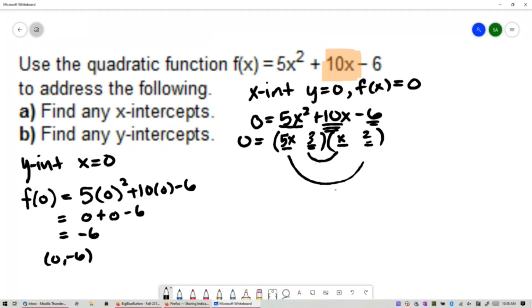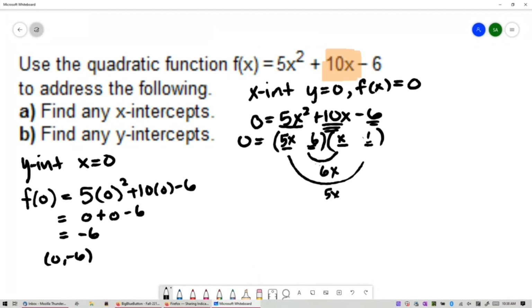So that would give 3x and 10x. 3 and 10 are not going to add and subtract to give me 10x, so that's not right. So let me try the 6 and the 1. I'll try 6 and 1. That's 6x and 5x.